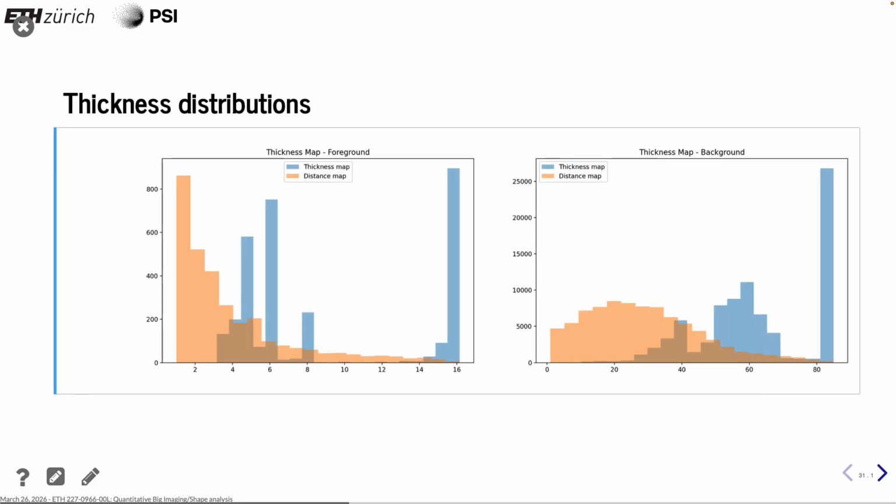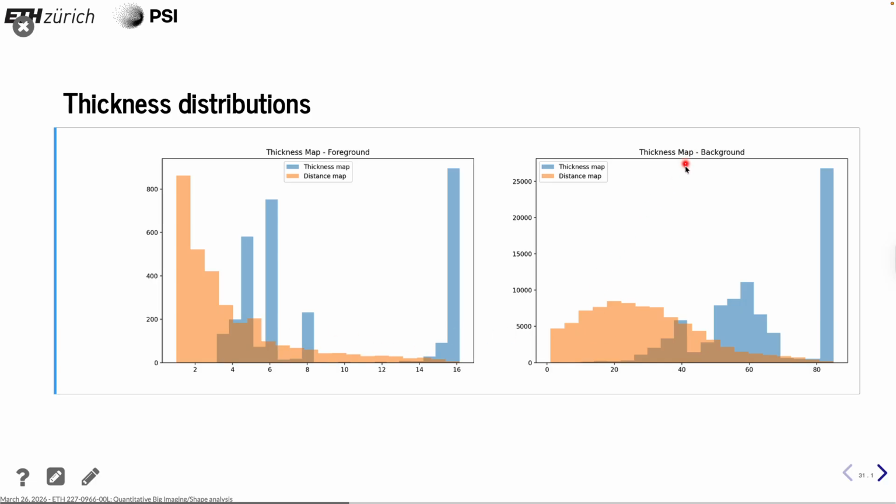And if you compare the thickness distributions in the foreground, you can see the distance map and the thickness map. The distance map has a very high representation for small values, close to the edge. And the thickness map really clusters around where you have the large volume, large distance.